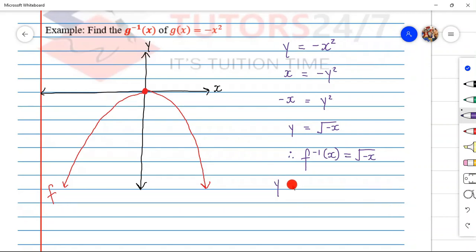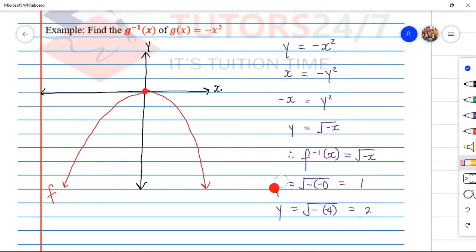So if we were to substitute negative 1, that's going to give us 1. If we were to substitute negative 4, that would give us 2. So as you can see, if we substitute a negative value, it's going to give us a y value.